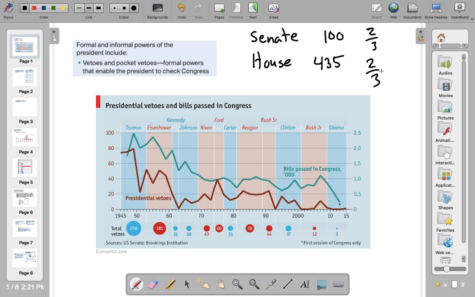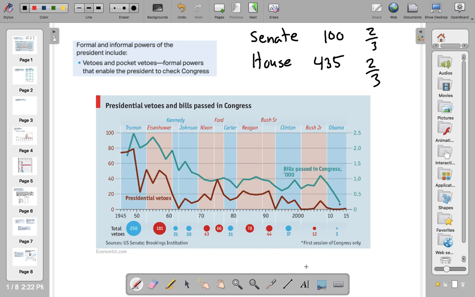One thing he can do is just ignore it. So if within 10 days he doesn't sign it, and Congress does not adjourn, it will just automatically become a law. And the other thing he can do is sign the bill into law and affix a signing statement at the bottom, which we will go over in one of the next slides.